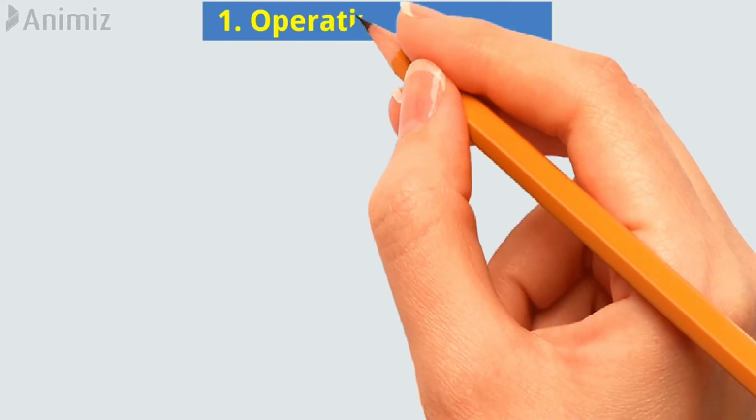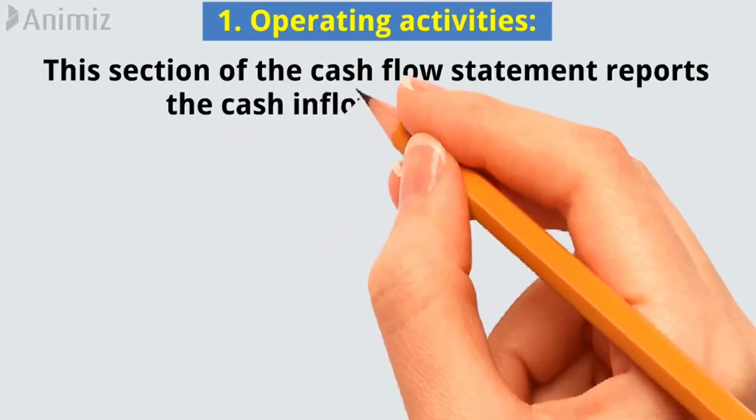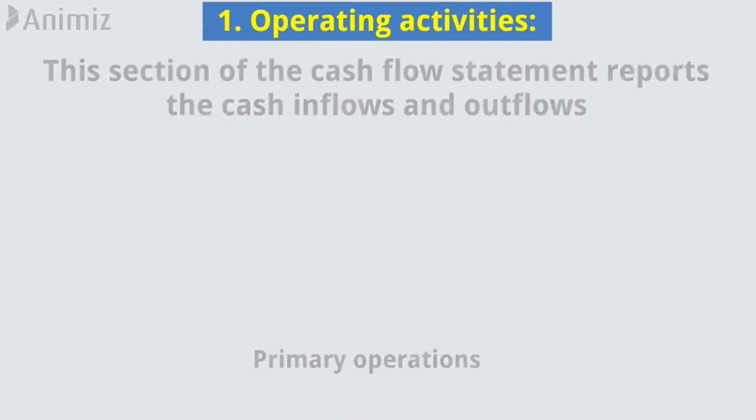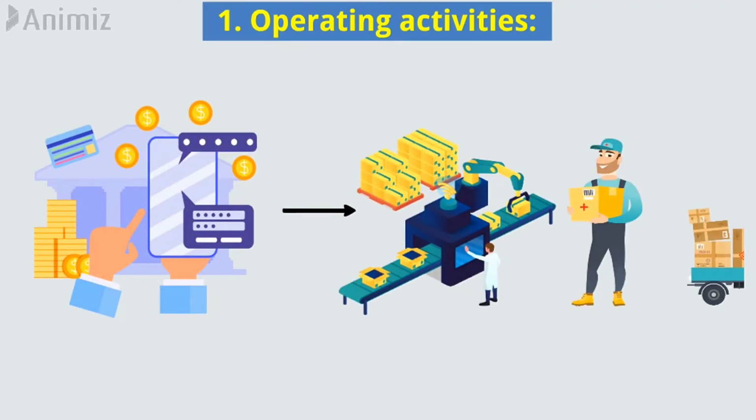Number 1. Operating activities. This section of the cash flow statement reports the cash inflows and outflows from a company's primary operations. It includes transactions that are directly related to producing and delivering the company's products or services.